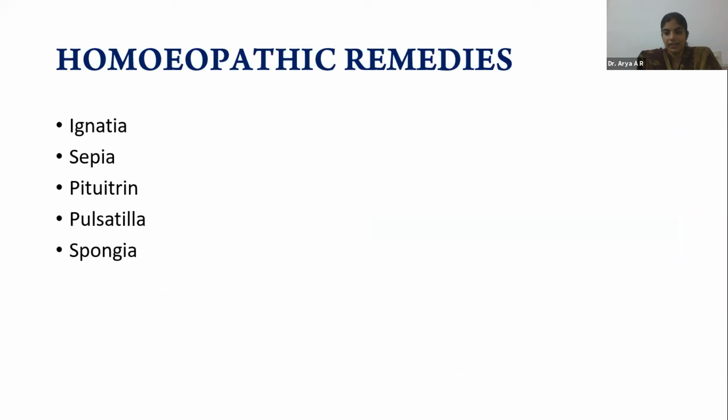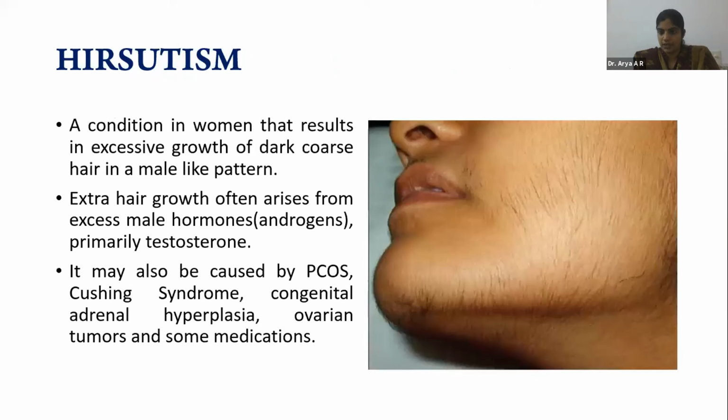So what are the remedies or medicines for this condition, hirsutism? In PCOS, we have wonderful homeopathic remedies like pulsatilla, sepia, and ignatia. While treating PCOS, once PCOS is cured, this hair growth will become less and no further growth of hair in these regions will occur.